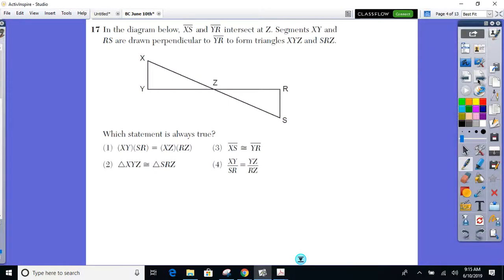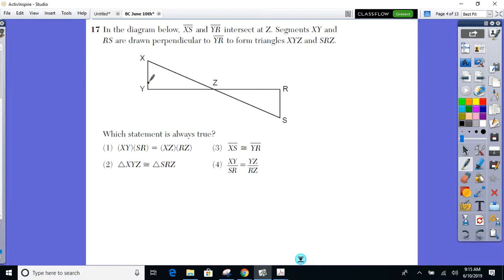17. Okay, so in the givens, it told me I have right angles.